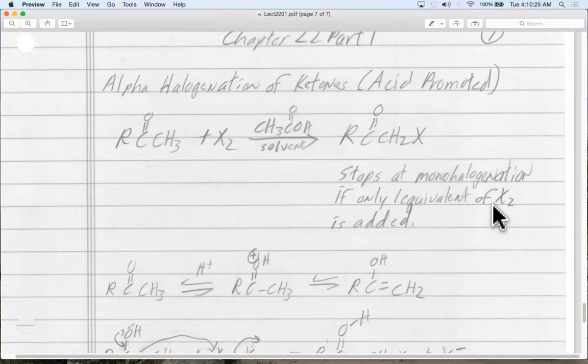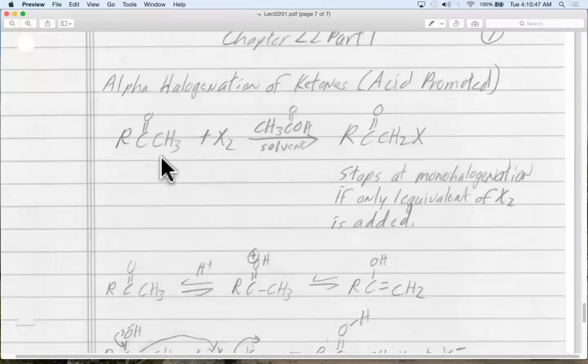You can force it to add two halogens to the alpha position by adding two equivalents of the halogen, but you don't have to. You can stop this reaction at the monohalogenation stage.